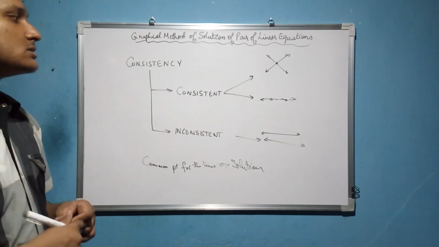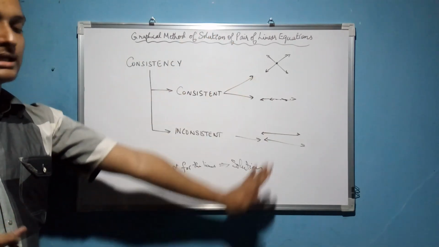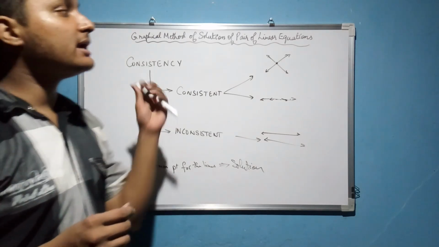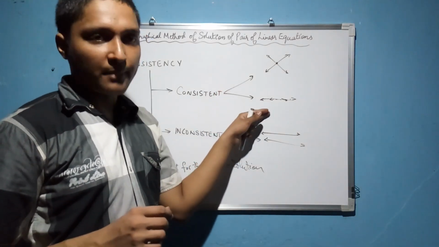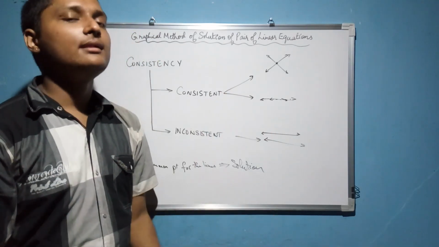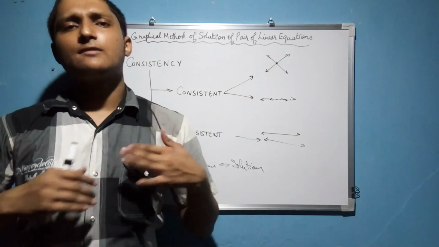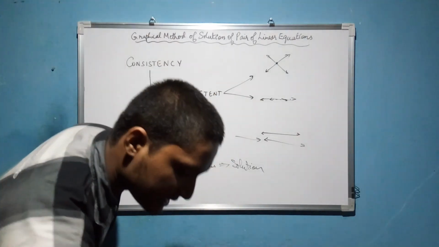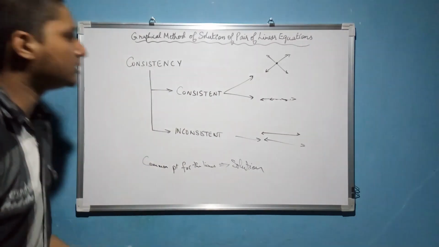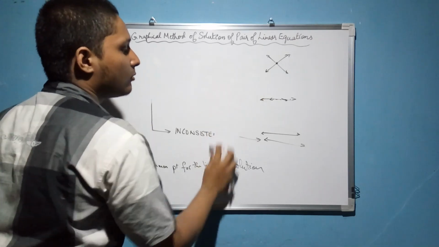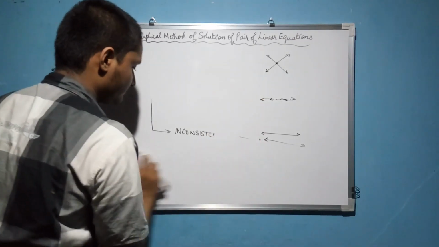Now, about these three cases, how are we going to decide whether the lines are intersecting, parallel, or coincident just by seeing the pair of linear equations? There are several examples given in the textbook, and I am not going to mention all of those. What you need to understand is what I am going to tell now.